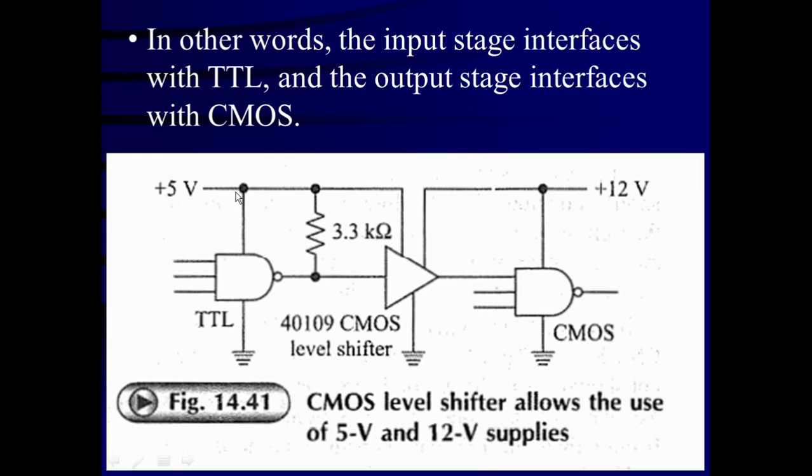The input side of this IC is operating with the 5 volt and the output side is operating with the 12 volt. CMOS is also operating with a VCC of 12 volt, remember.